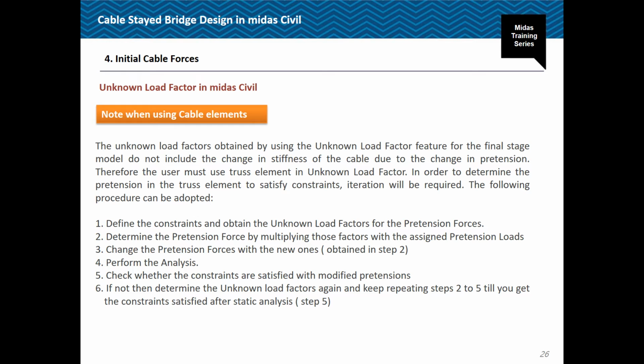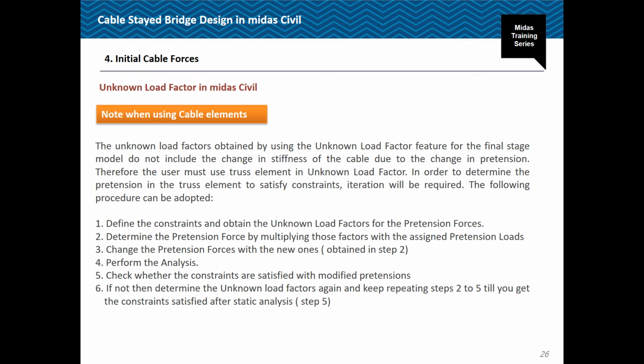So when we are using an unknown load factor, we should be mindful that if we are using cable elements, as we said, the cable elements will be converted into equivalent trusses, and the stiffness of the cable is going to be influenced by the tension in the cable. But when we set up the model, we didn't know what the tension in the cable was.